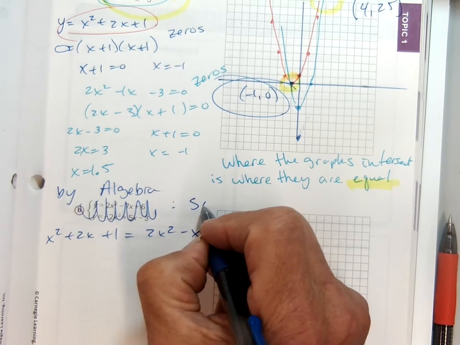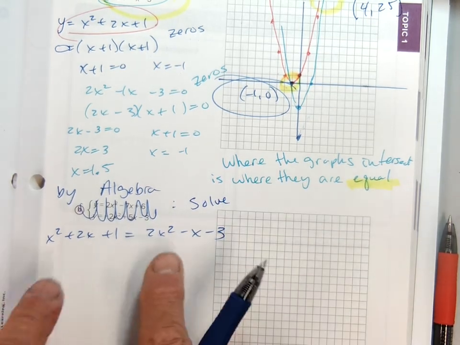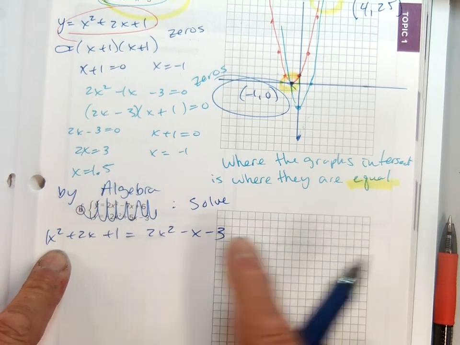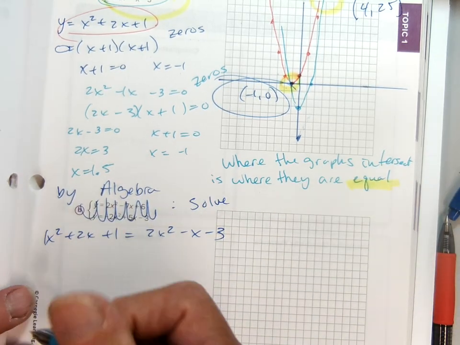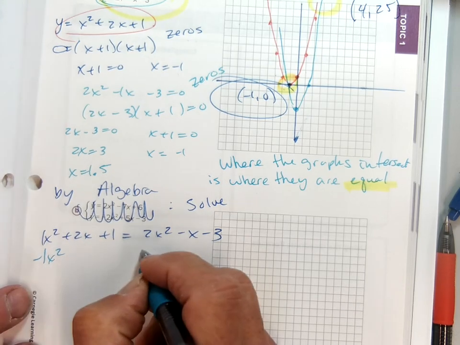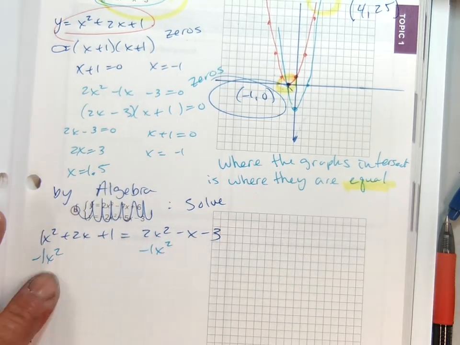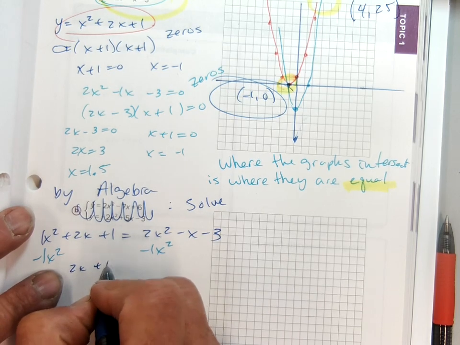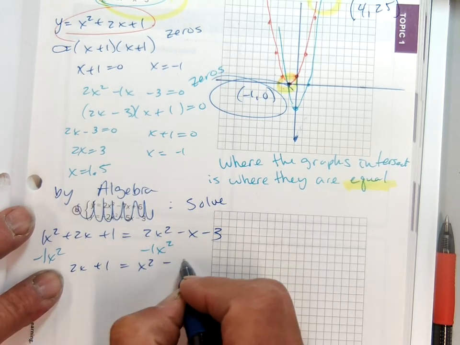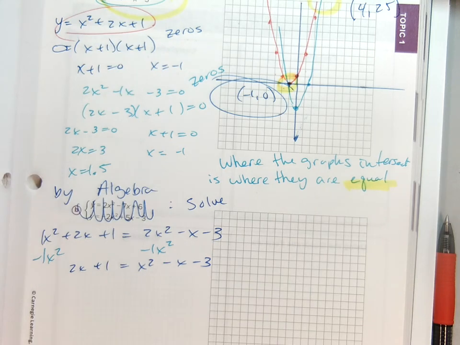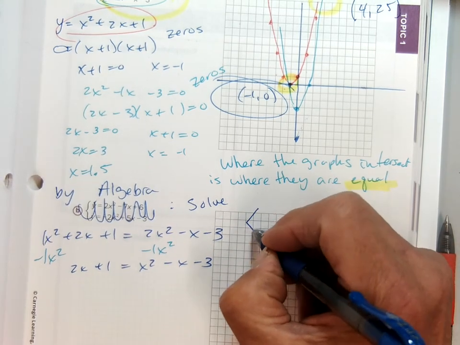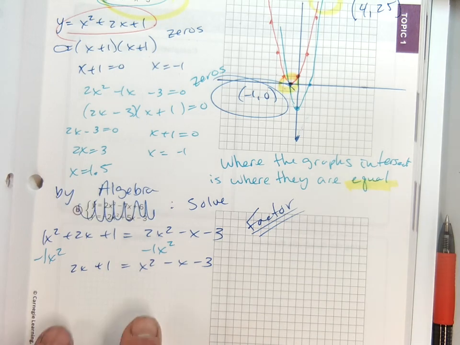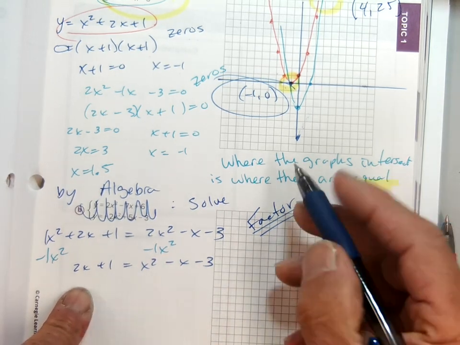Now, solve. I'm going to start with the x squareds. I've got a 1x squared and a 2x squared. So I'm going to subtract 1x squared from both sides. I'm going to then have 2x plus 1 equals x squared minus x minus 3. Looks to me like I'm probably going to need to factor, so I need to make it equal to 0.